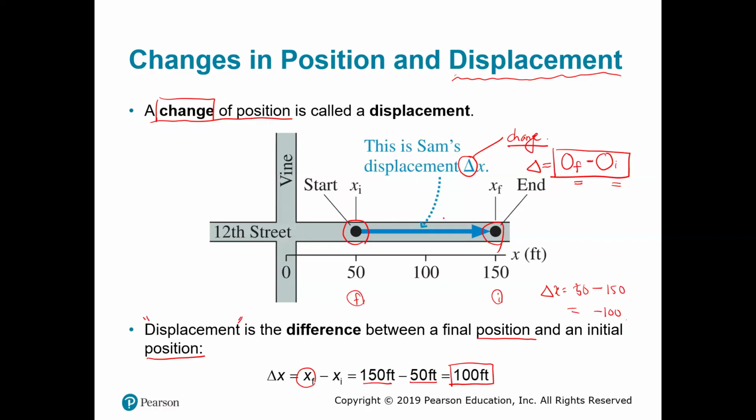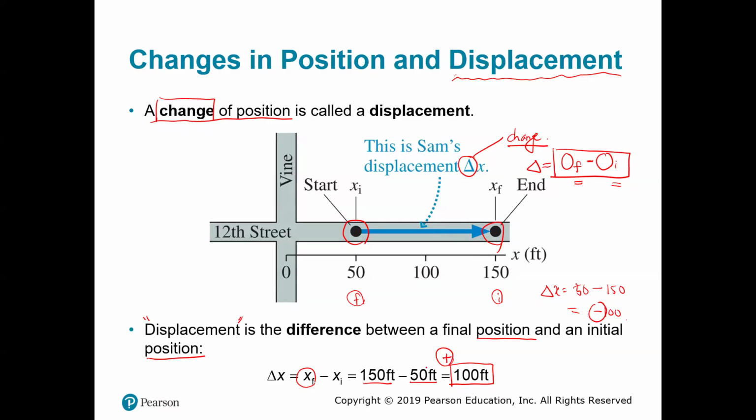Make sure you remember that displacement, as you will learn later, is a vector. So whenever we talk about displacement, you always describe its direction. In one-dimensional space, the direction is a sign, so make sure you always have a minus or plus.